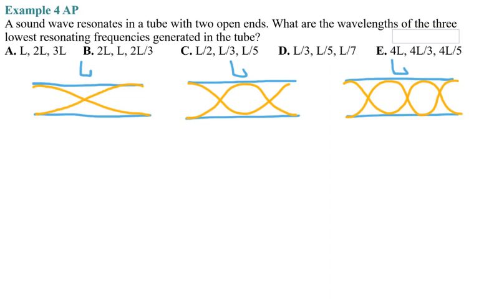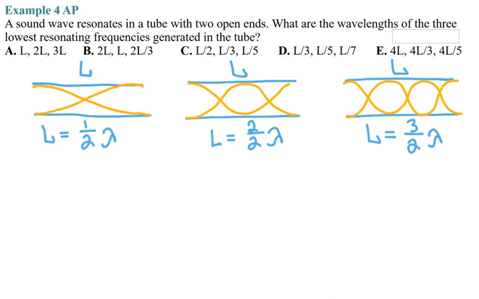So in each case, I have L is equal to 1/2 of the wavelength. In this case, I have 2/2 of the wavelength. And in this case, I have 3/2 of the wavelength.